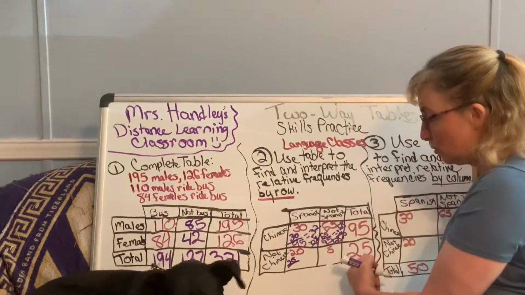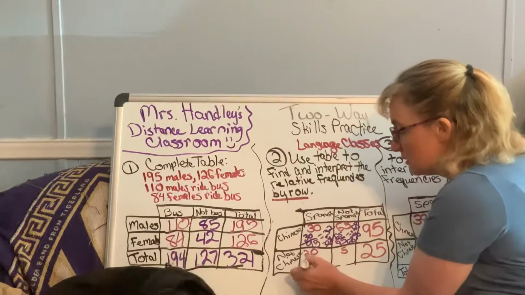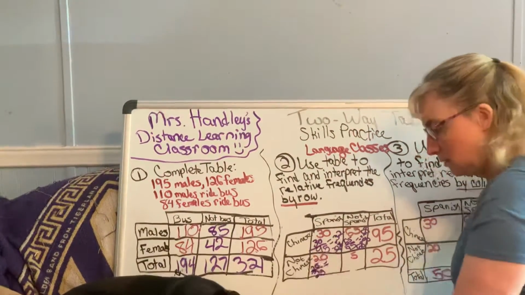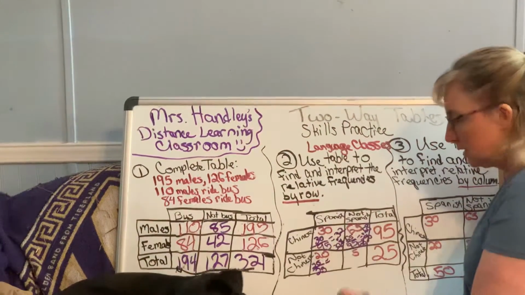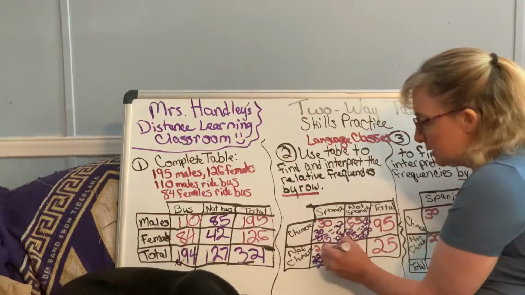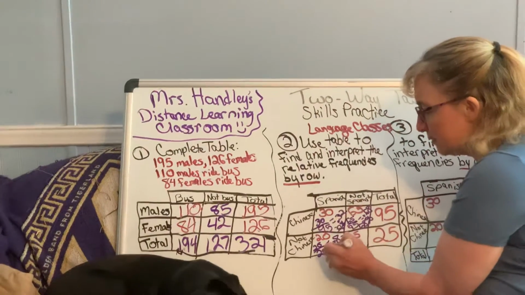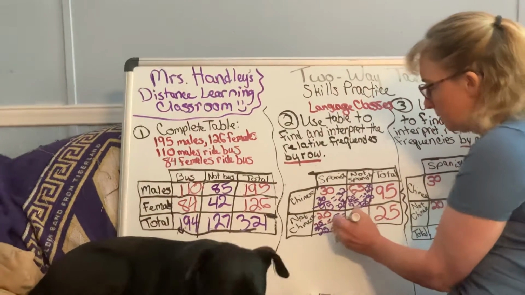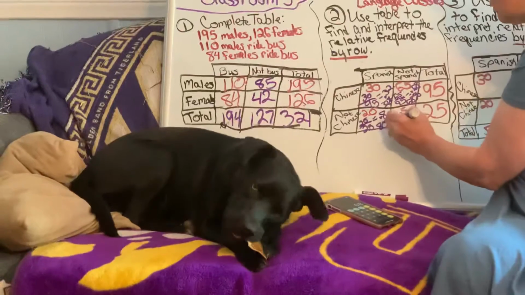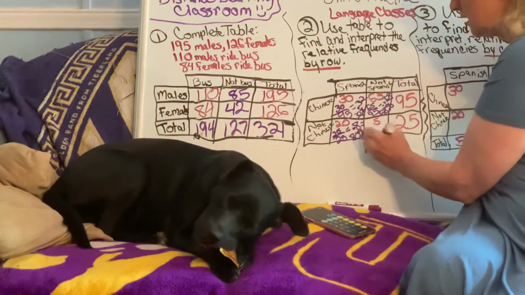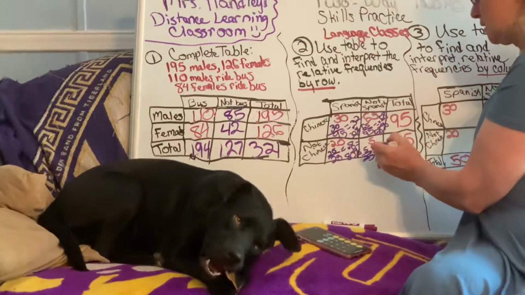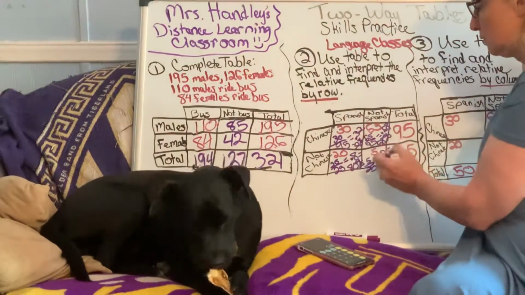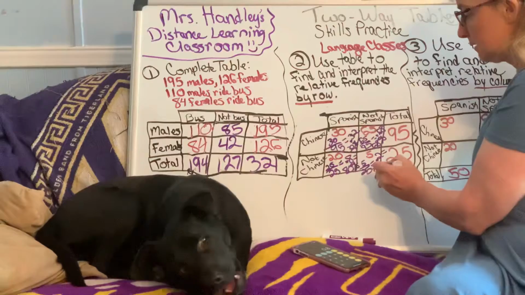Notice we have a new total now. We changed rows. So 20 divided by 25 gives us 0.8 or 80%. And then the last one, 5 over 25, which gives us 0.2 or 20%.